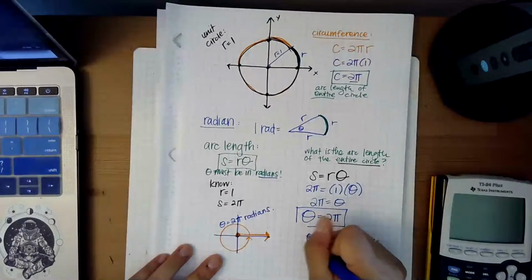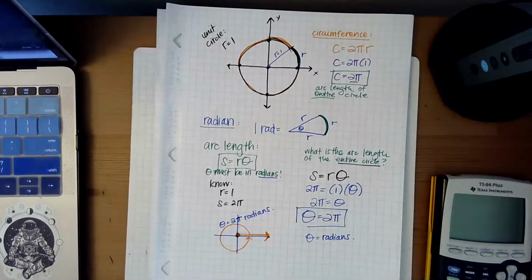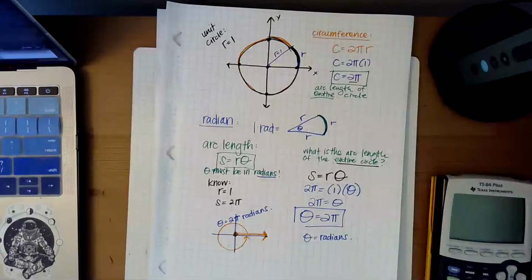Because remember, theta is in radians. So I hope you recognize that I used this to prove that one entire revolution is 2 pi radians.